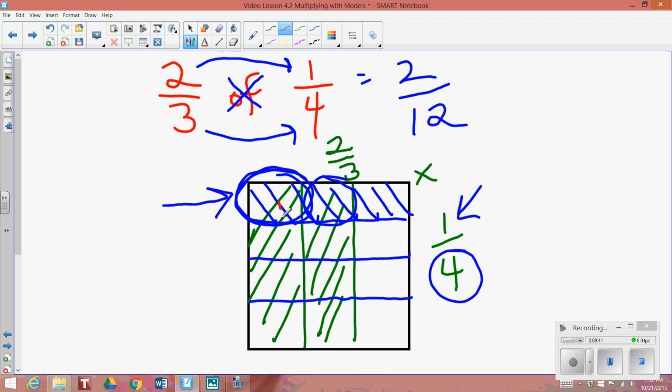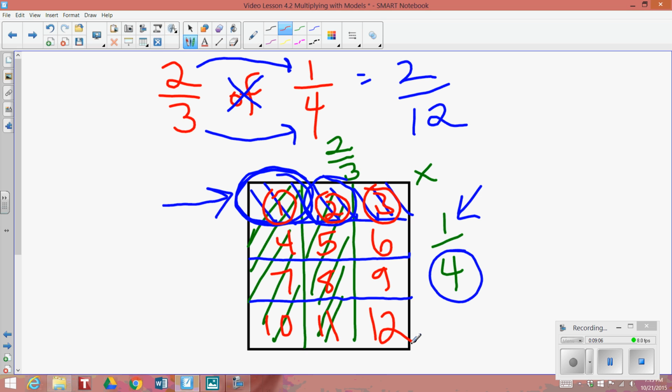Let's count them up. We have 1, 2, 3, 4, 5, 6, 7, 8, 9, 10, 11, 12 equal pieces, and that's where we get our 2/12.